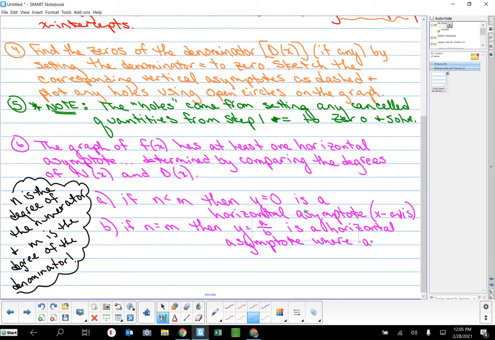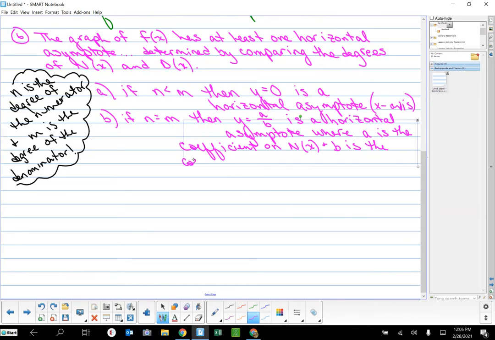Where a is the coefficient on n of x and b is the coefficient on d of x. So you're just taking the leading coefficient, I guess I should add to both of those. And we'll, again, see this when we do this.